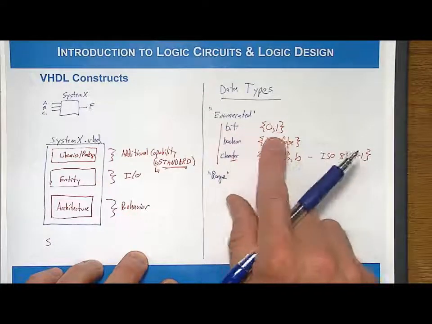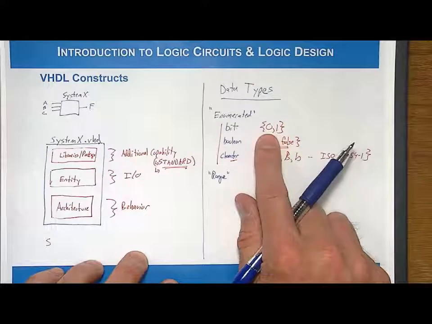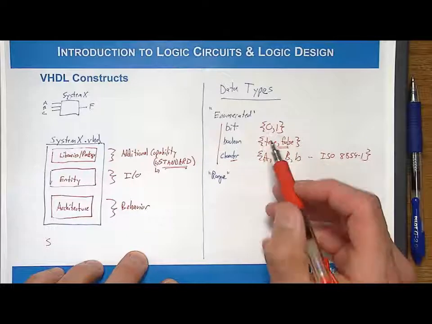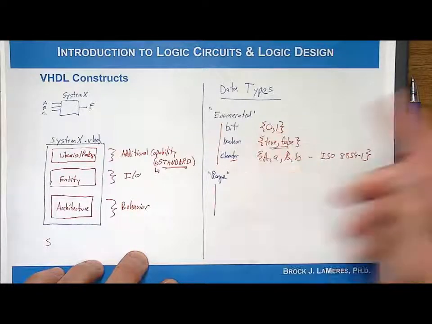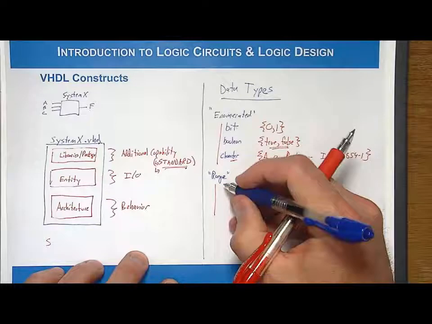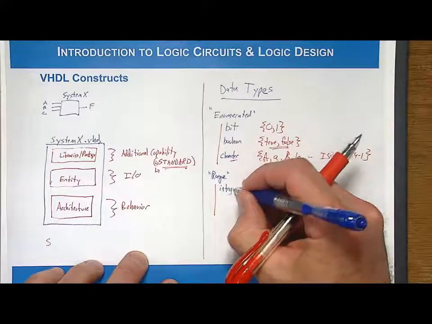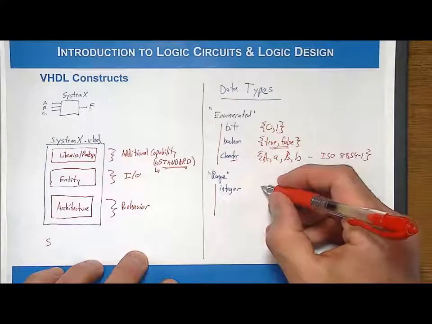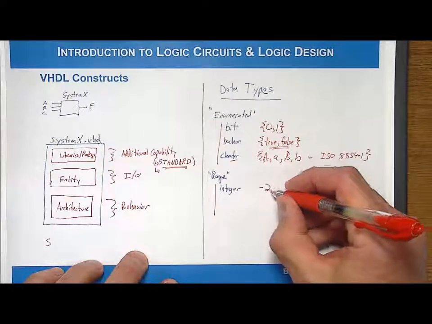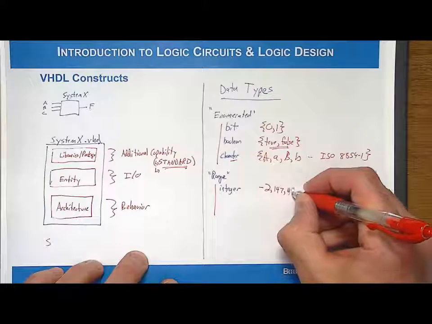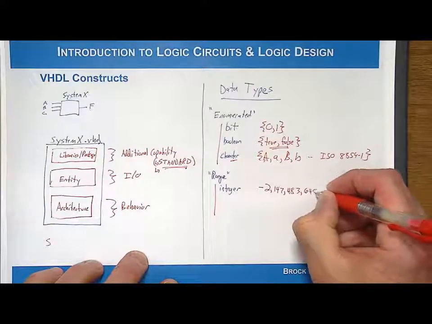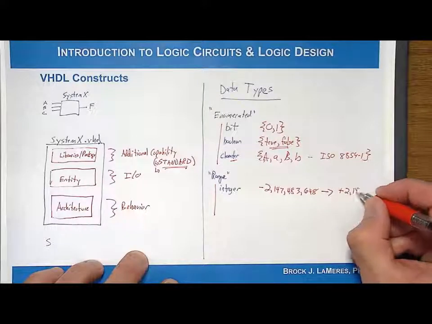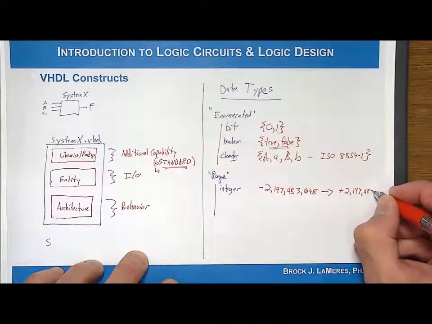So what you do is you just represent a small range and the large range, or the minimum and the max, and then you have some increment between them. So for example, there's a data type which is called integer. And integer can take on values between -2,147,483,648 up to positive 2,147,483,647.